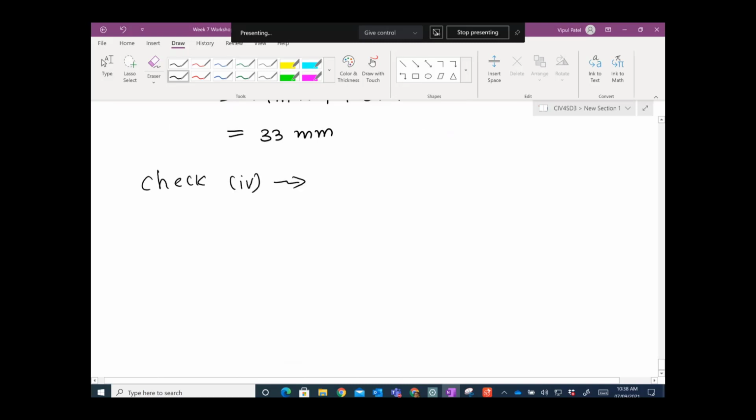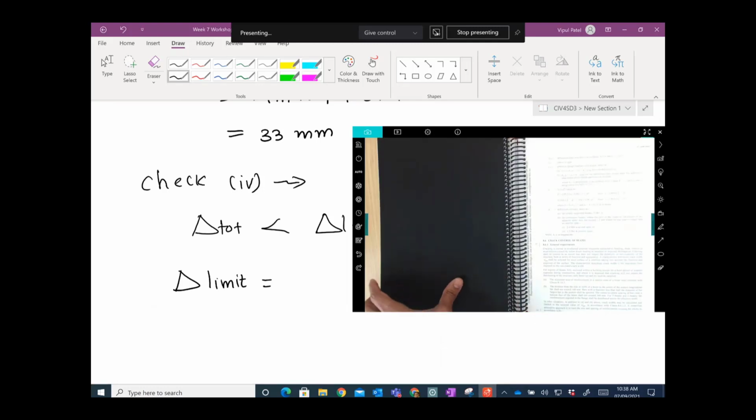Check number 4: your delta total should be less than delta limit. Delta limit means the standards will give you the value that your beam should not deflect beyond. So where are you going to get that delta limit?